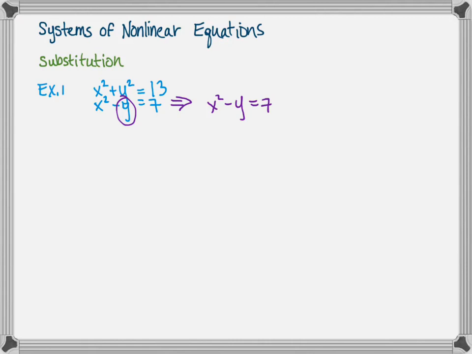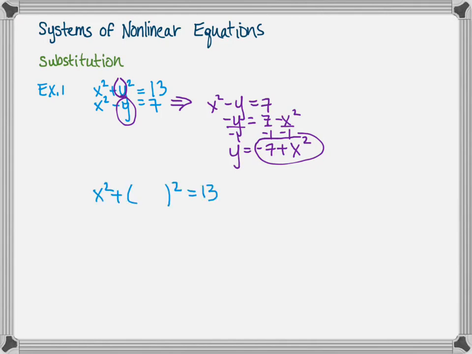So x squared minus y equals 7 becomes negative y equals 7 minus x squared, or dividing everything by negative 1, y equals negative 7 plus x squared. And now I'm going to take the negative 7 plus x squared and substitute it in for y in the first equation. So x squared plus something squared equals 13. And I'm going to substitute in negative 7 plus x squared.